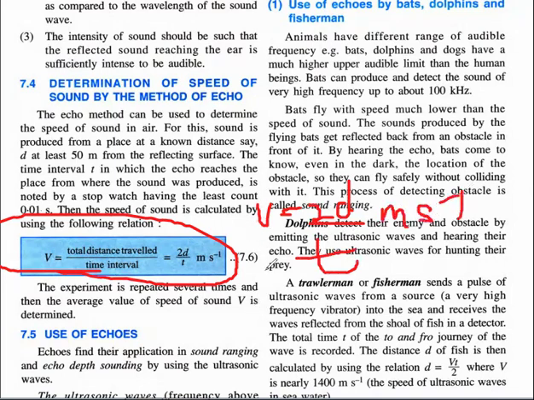V is the speed of sound, d is the distance traveled by the sound, and t is the time interval. So 2d by t meter per second equals v. Okay.